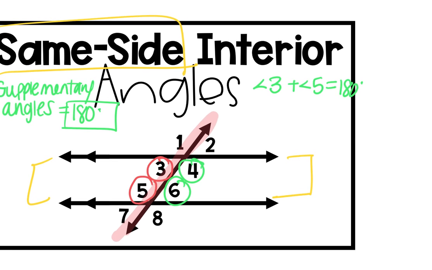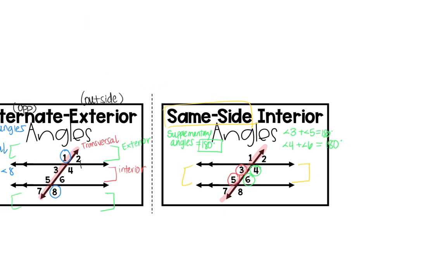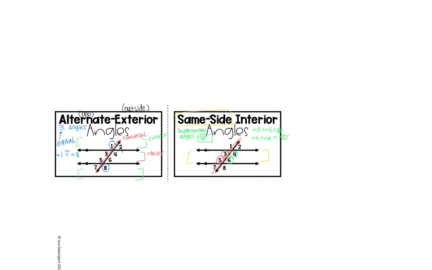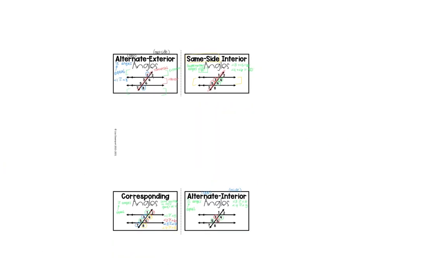And angle 4 plus angle 6, since they are same side, should be 180 degrees. So the only ones that are not congruent are same side interior angles. The rest should be congruent. Okay, keep that in mind.